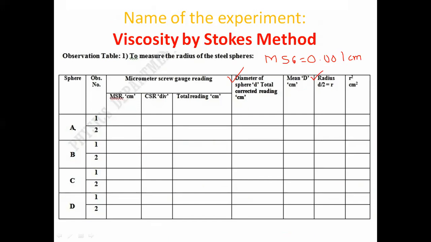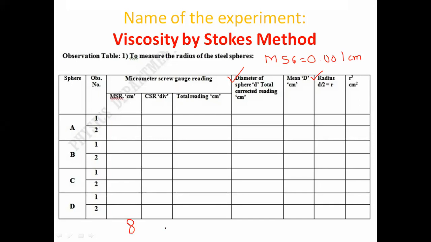And here A, B, C, D means you have been provided with two types of steel spheres. Then you have to find out the diameter of each sphere, so that A into 2, that is total 4 into 2, that is equal to total 8 spheres we have.